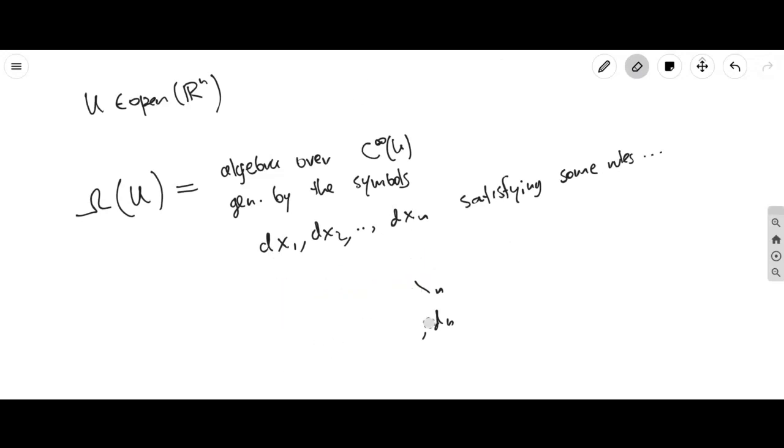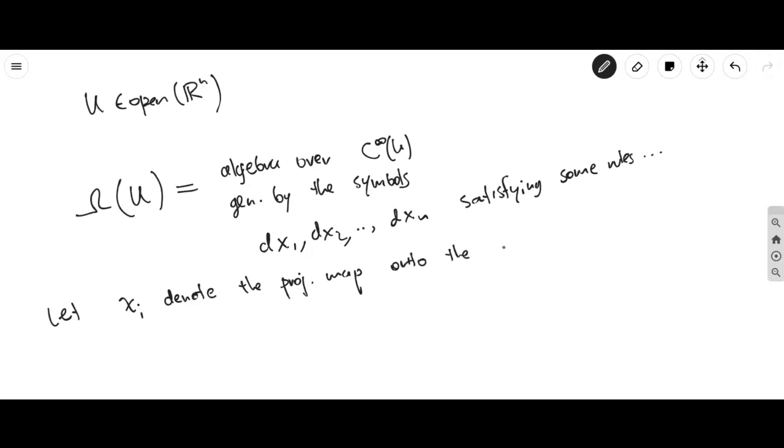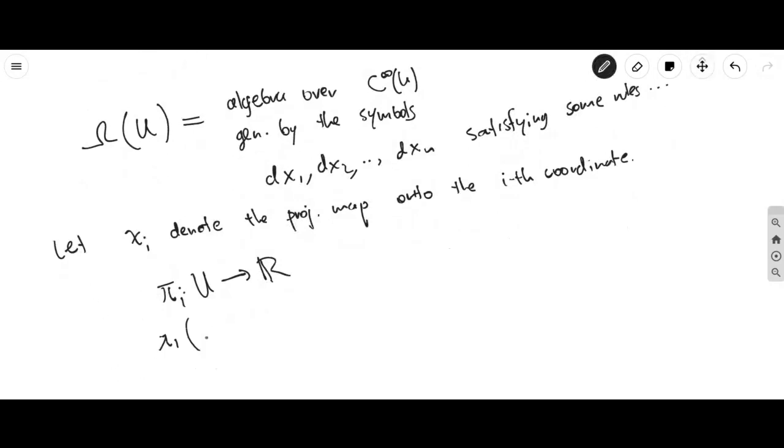It has to do with the following. Let xi denote the projection map onto the ith coordinate. In other words, this is the projection map that's defined on U. So if you give me a point in U, then the projection gives me the ith coordinate of that point.